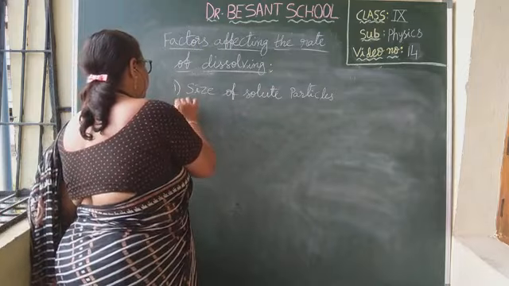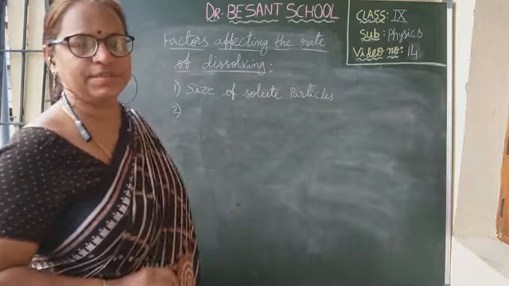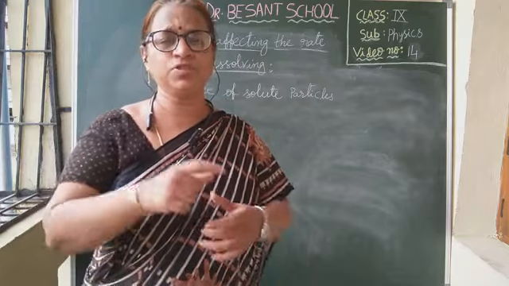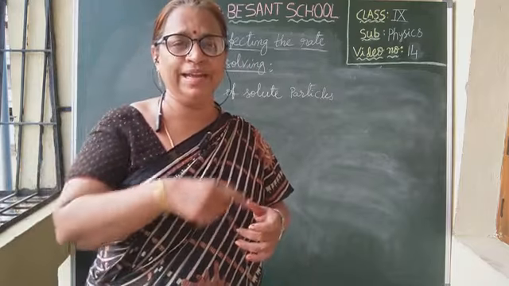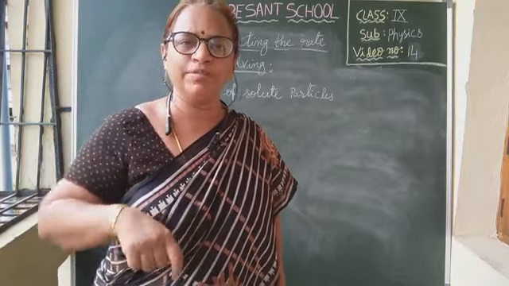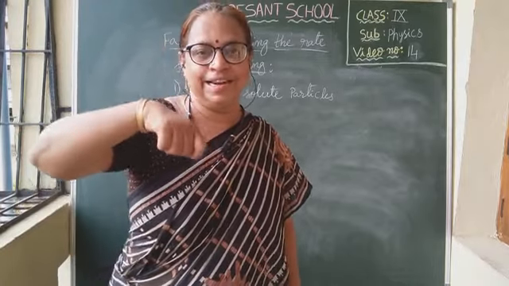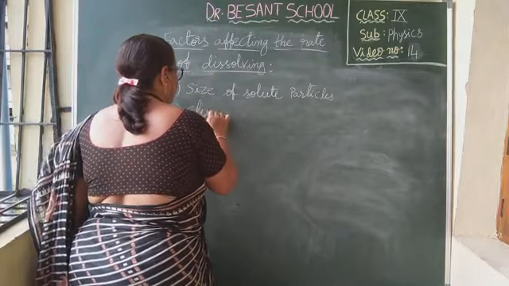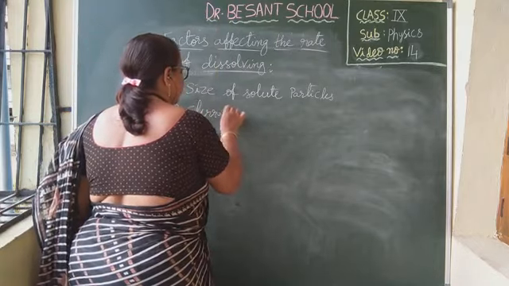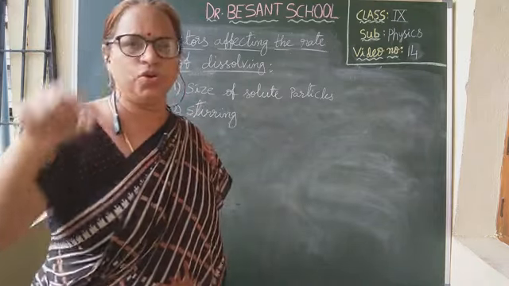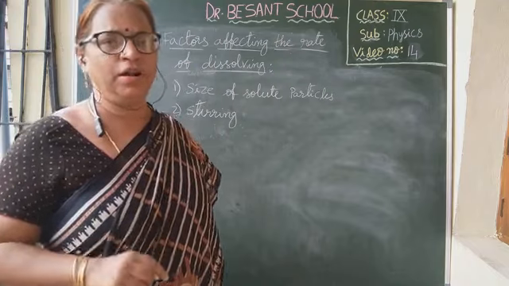And the next one is, to dissolve quickly, what should we do? The solute particles should spread uniformly throughout the water. For spreading uniformly, we should stir. So another factor is stirring the solute to get it dissolved quickly.